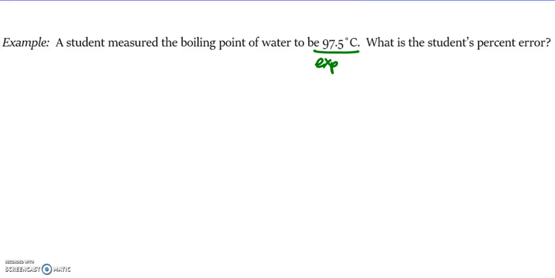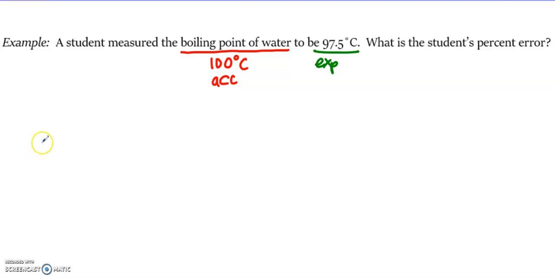So what are we talking about here? Well, we're talking about water, and water boiling always is at the same temperature. This would be something you could look up. Water boiling in degrees Celsius is always going to be 100. So this is our accepted value.